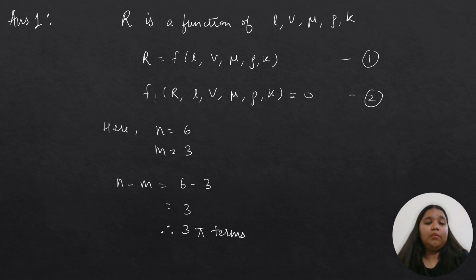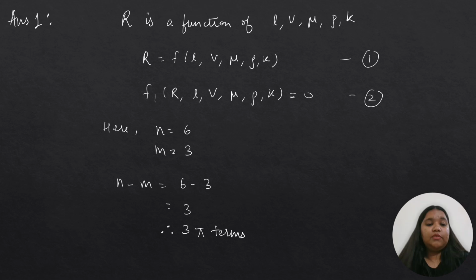Then we will put that function and equate it to 0. So it becomes F1 of R, L, V, mu, rho, and K equals 0. Here we will check the total number of dependent and independent variables. So n becomes 6, and m is 3 because it contains M, L, and T. So n minus m is 6 minus 3, which is 3.